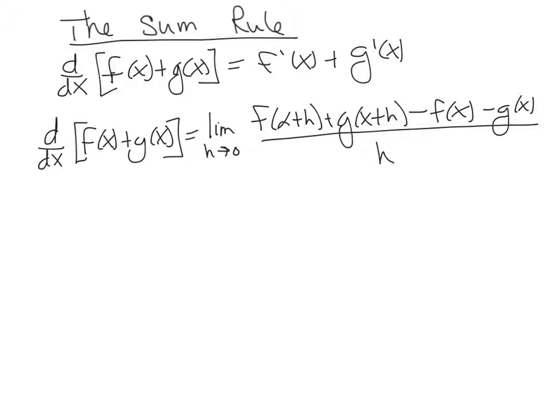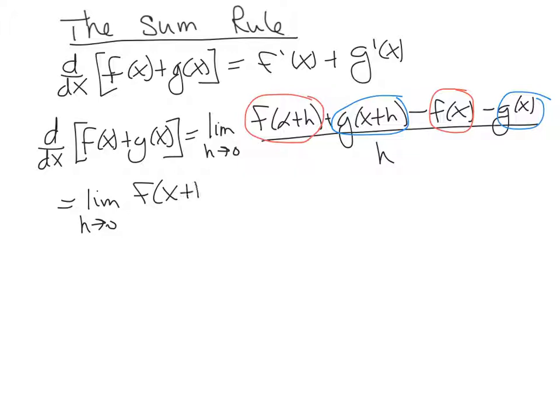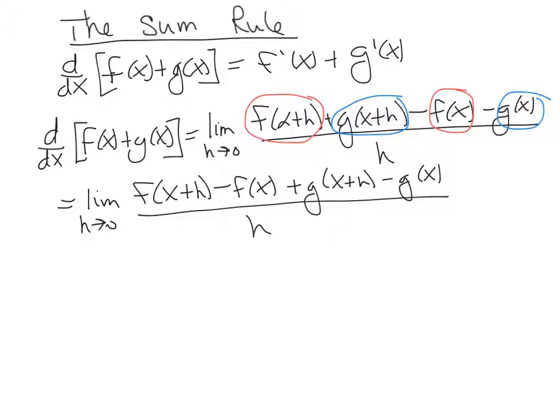Now, once we've got this, we say, wait a minute, let's regroup things. Let's put all of the f's together, and let's put all of the g's together. So now we have the limit as h approaches 0 of f of x plus h minus f of x, and then all the g's, g of x plus h minus g of x, all over h.